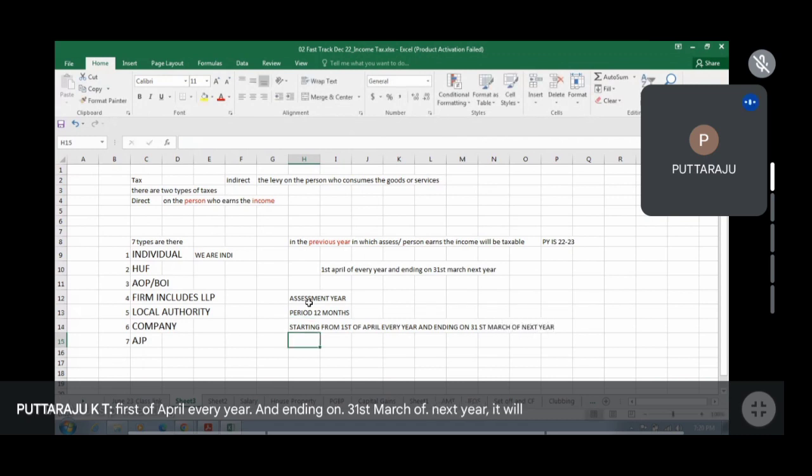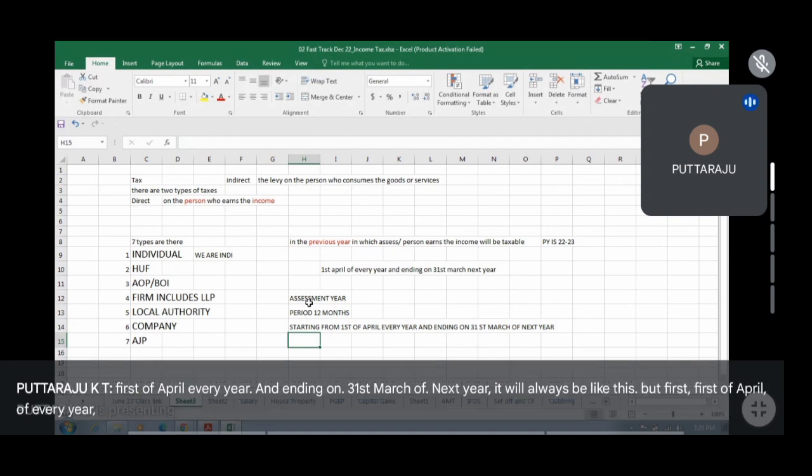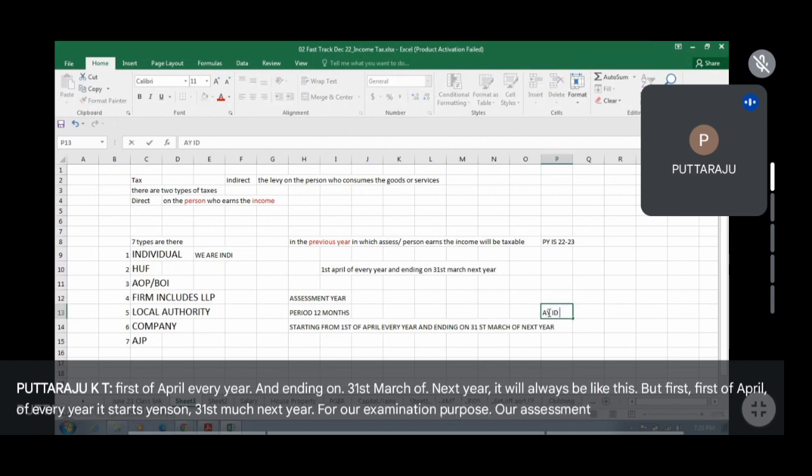It will always be like this. 1st of April of every year it starts, ends on 31st March next year. For our examination purpose, our assessment year is 23-24. Understood?